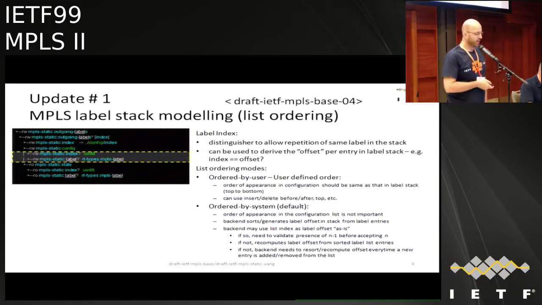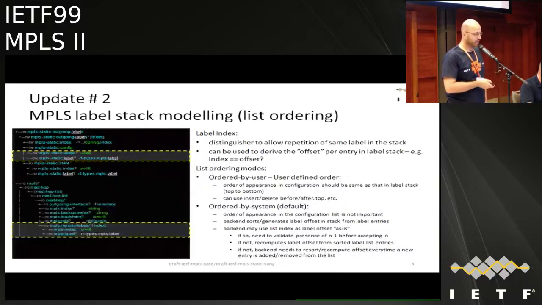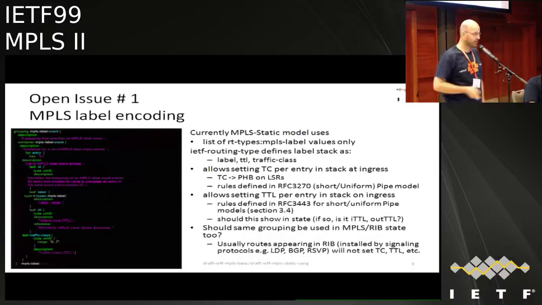This label stack is relevant at configuration time, as well as in the state model in the MPLS RIB model, at the bottom of the tree there. The MPLS routing types YANG model has defined an MPLS label stack.